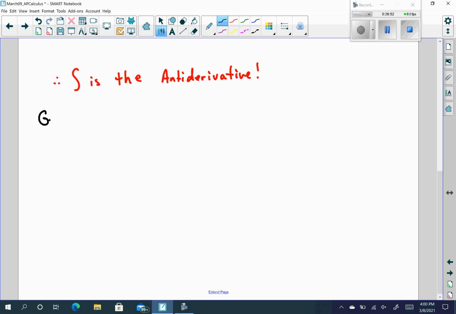So here's a general rule. We call this the power rule for integrals or antiderivatives. If we have the integral of x to the n dx, we do the opposite. Instead of multiplying by the exponent and subtracting 1, we divide by the new exponent. So first we add 1 to the exponent, and then we divide by whatever that power is.